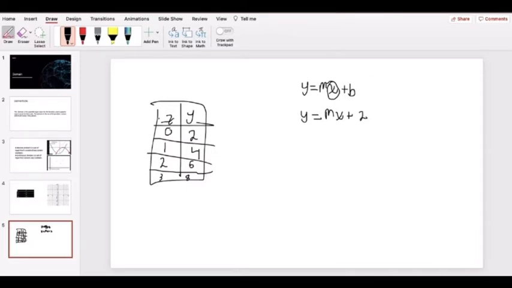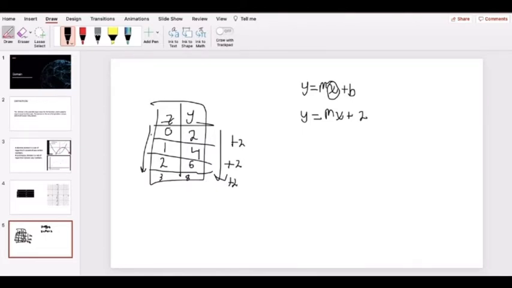You could go this way or this way. You could use any type of pattern; you can use the one from the y or the one from the x. Let's do this one because I think it's better. To go from 2 to 4, you add 2. From 4 to 6, plus 2, and from 6 to 8, plus 2.